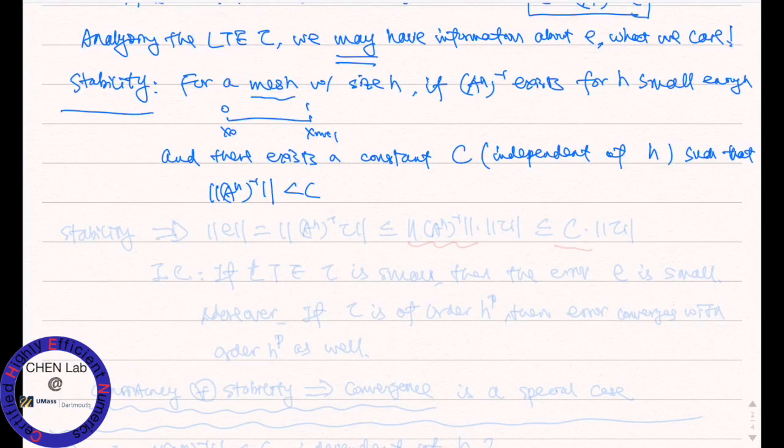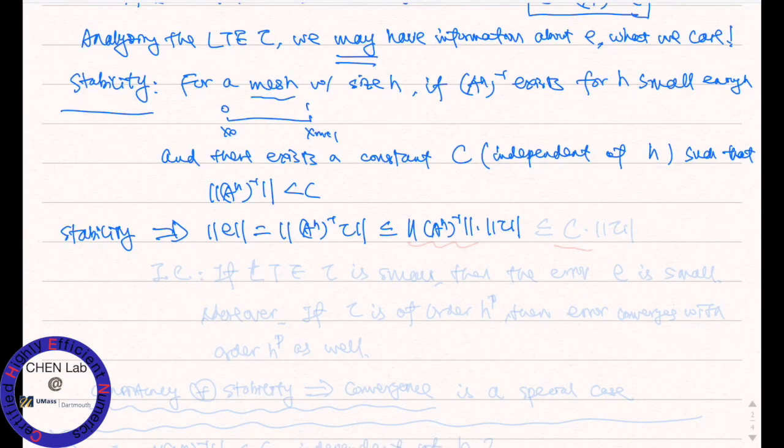So what this means is that if we have stability, then for sure we have some information about E. Why? Because if you take the norm of both sides, the norm of E is equal to the norm of A_H inverse tau. The norm of the product is less than the product of the norms, so this is less than the norm of A_H inverse times the norm of tau.